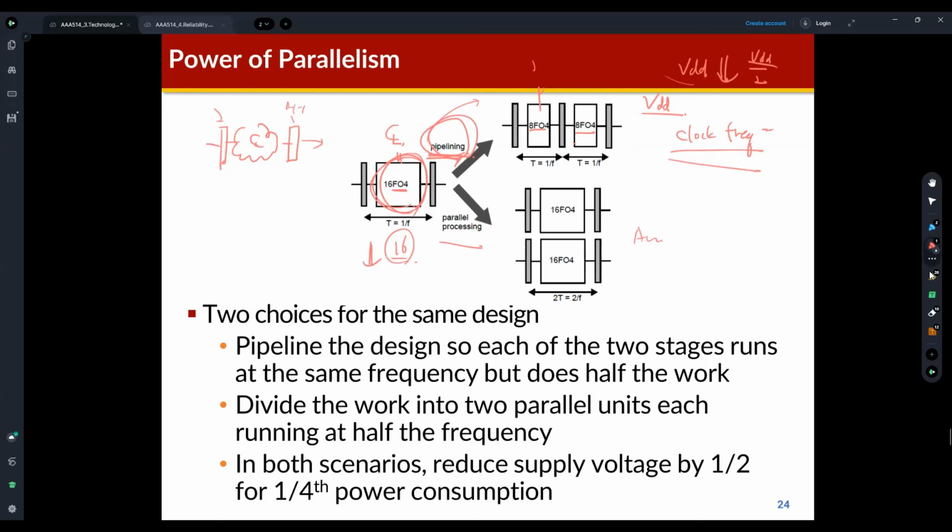So what is the dynamic power? The dynamic power becomes a quarter of the original dynamic power. So that is the benefit of the pipeline.